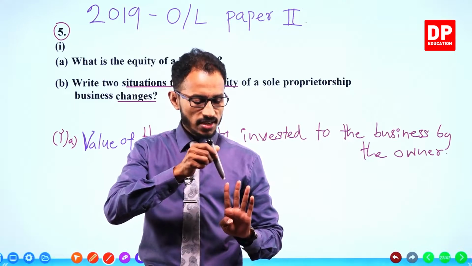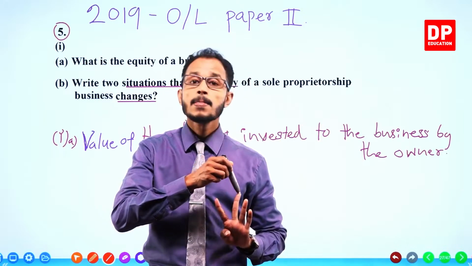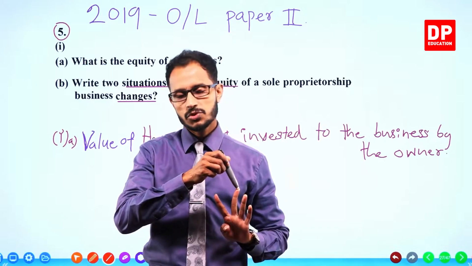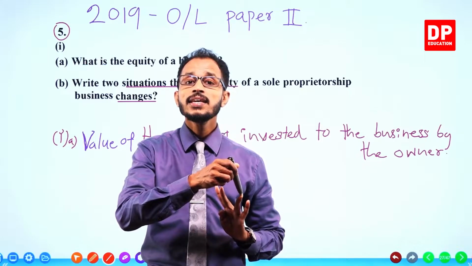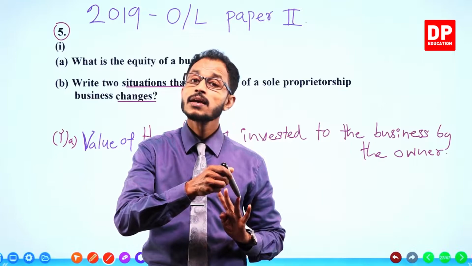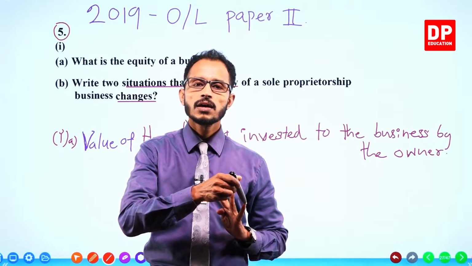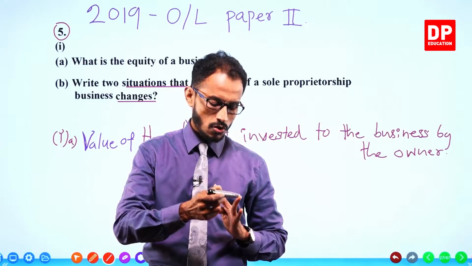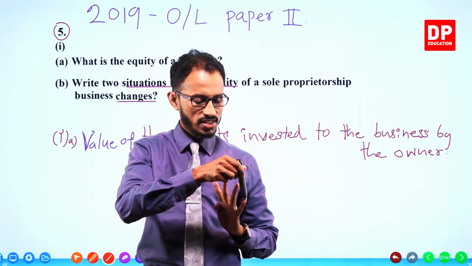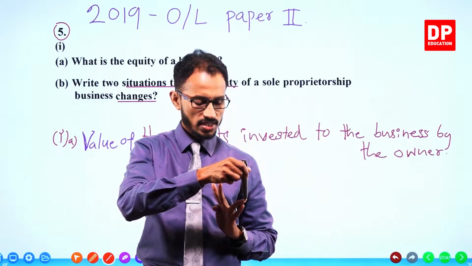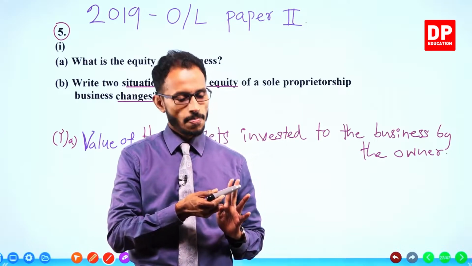What items increase equity? Additional capital invested, incomes or profits. What items decrease equity? Drawings of the owner, expenses or losses. Expenses or losses decrease equity, drawings decrease equity, these two increase equity.